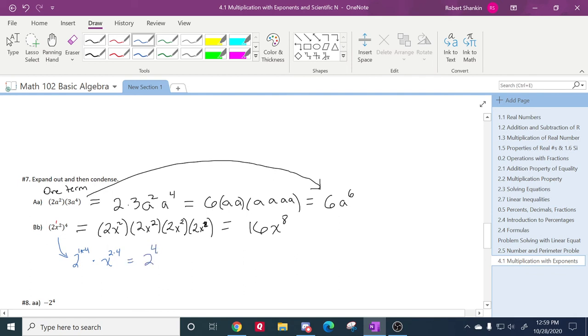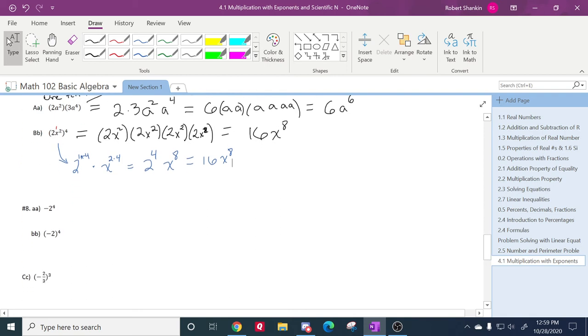This is 2 to the 4th times x to the 8th, which is, and 2 to the 4th is 16, 16x to the 8th. So we could have done it one of 2 different ways. Expanding it out, or just distributing it and coming up with our answer.